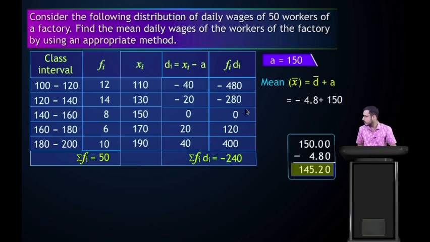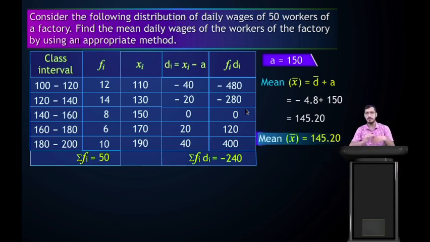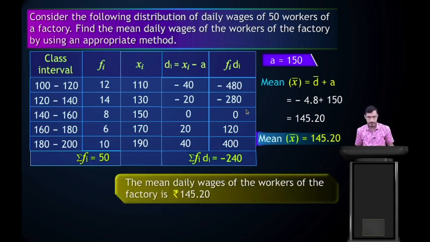You can see that is 145.20. So the answer is 145.20. So the mean daily wage of the workers of the factory is rupees 145.20.